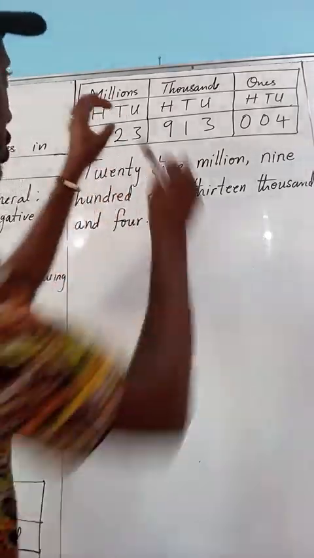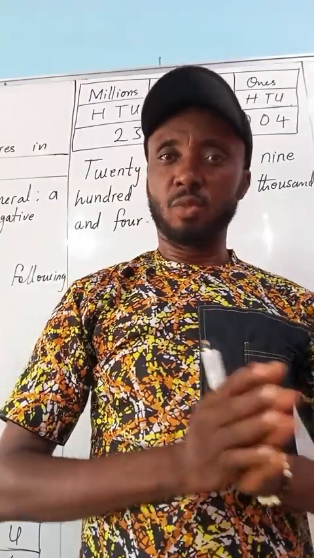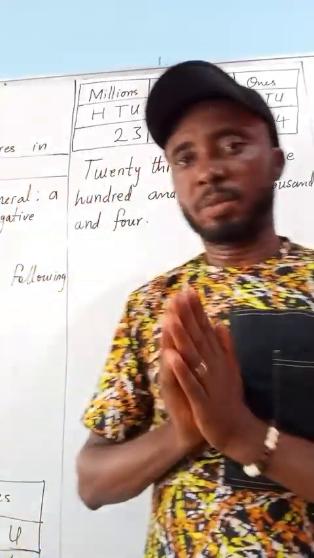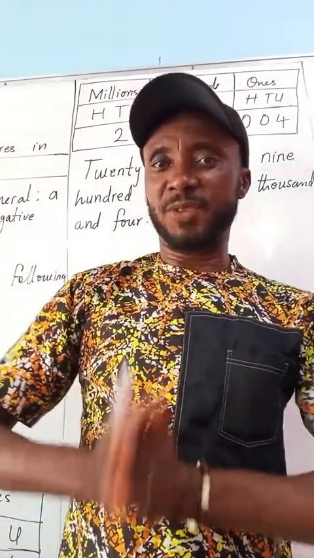So I have written this number in words. No matter how big a number is, you can write it in words. So this is the simplest way to write numbers, figures in words. Put them in their place value.